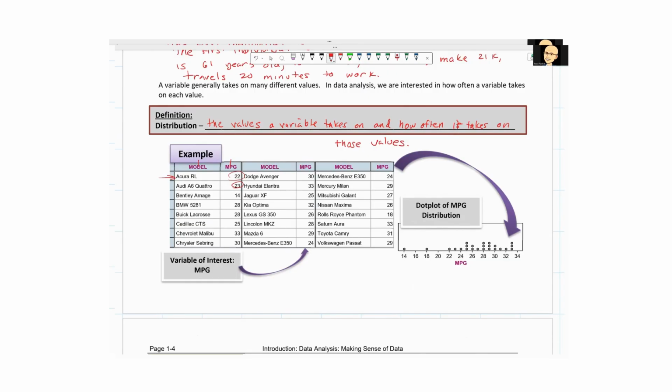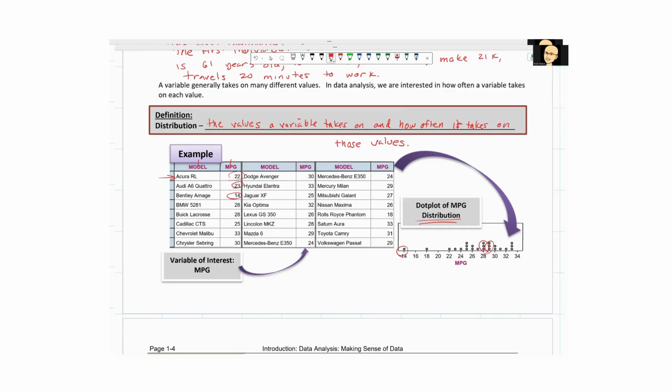So these are the values that are taken on by this variable called MPG. 14 miles a gallon for that one. That's all great. But when we think about the distribution, we not only talk about the individual values, but take a look. How often did 28 come up? How often did 29 come up? Those gas mileages are more prevalent than a gas mileage of 14.